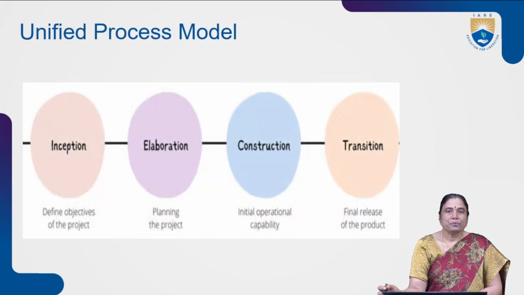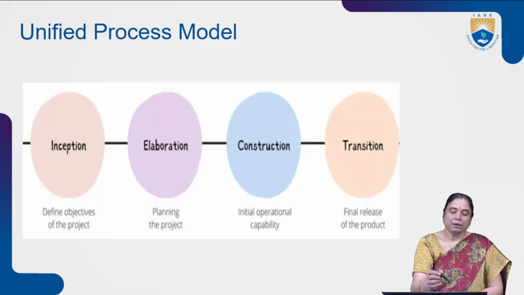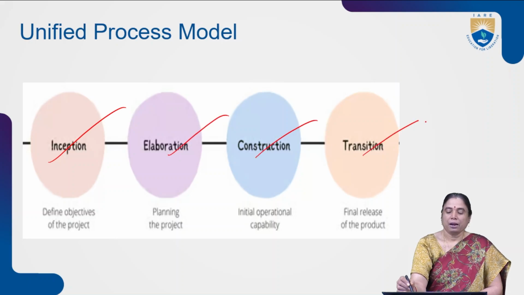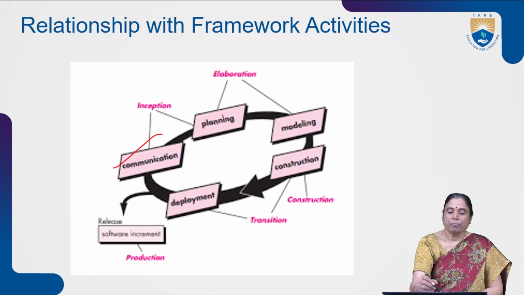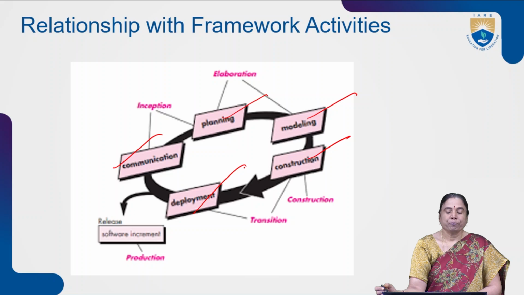The unified process generally has phased development which encompasses inception, elaboration, construction and transition. These four phases are closely related with the major framework activities, those are communication, planning, modeling, construction and deployment. So, these are closely related.